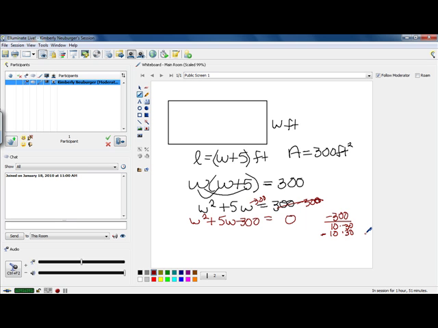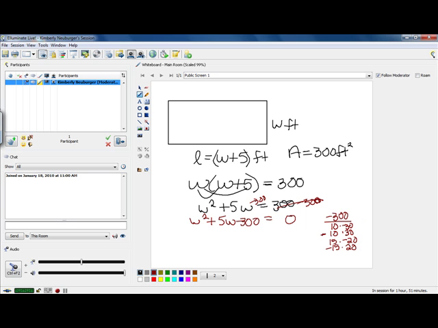And then going up, 11 won't go in, and 12 won't. Neither will 13 or 14, but 15 is going to go in 20 times. So we have 15 times negative 20, or negative 15 times a positive 20.